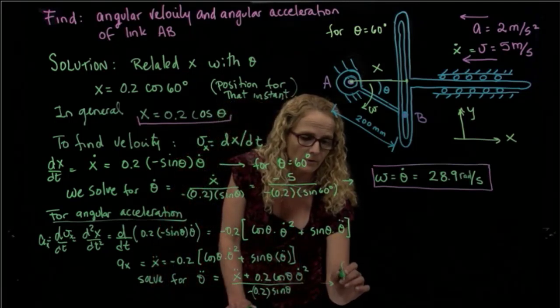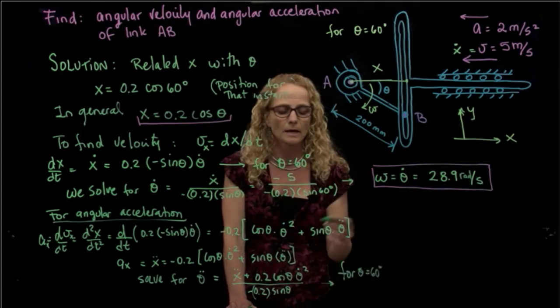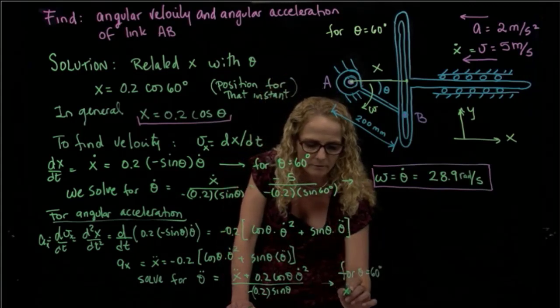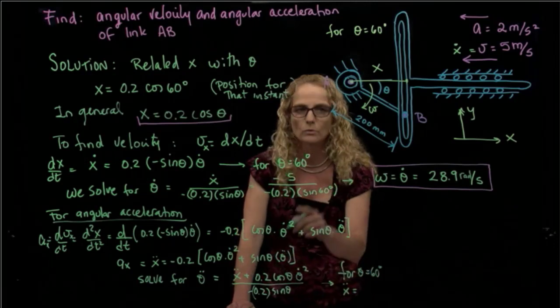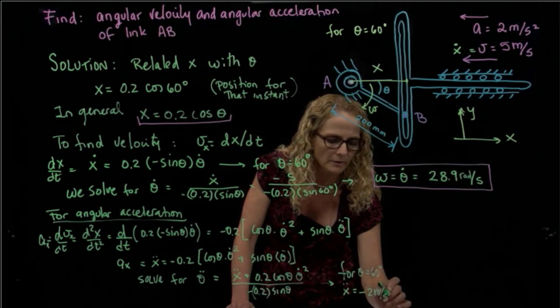For theta equals 60 degrees, x double dot is negative 2 meters per second squared.